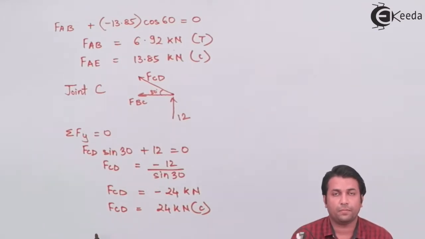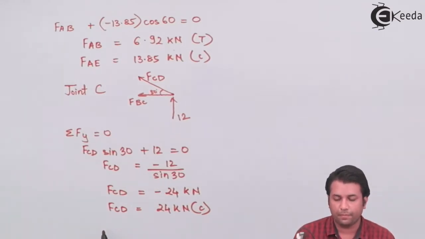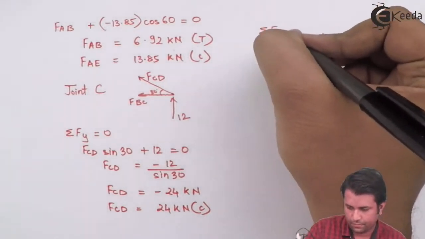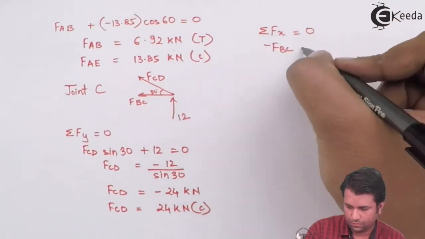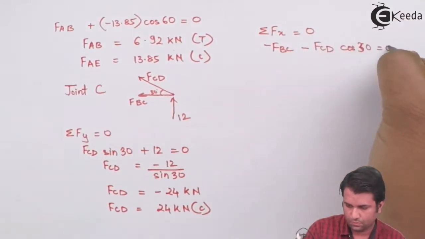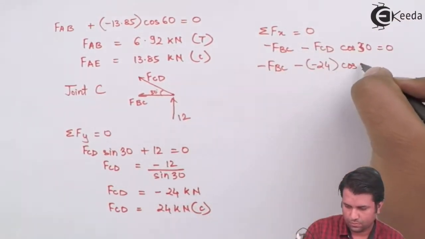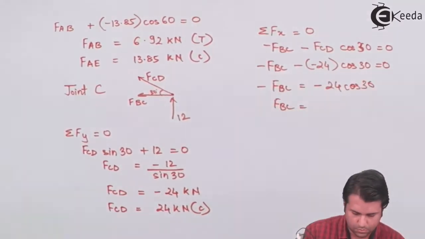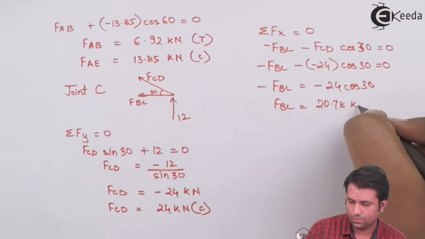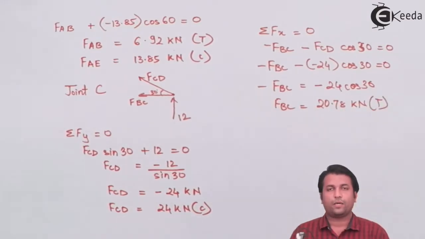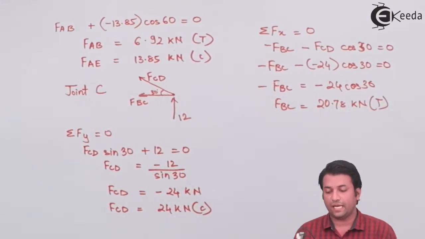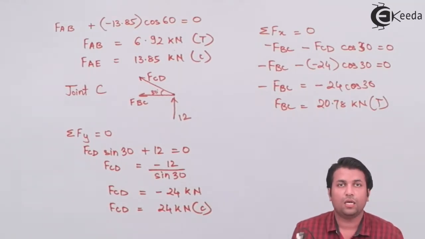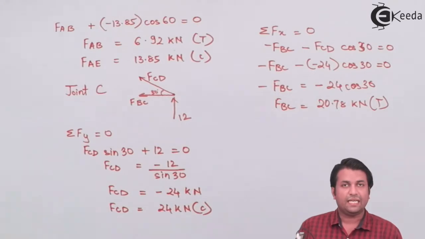So the nature of the force in this member will be compressive. I got the force in the member BC as positive, and the value is 20.78. So the nature of this force will be tensile.